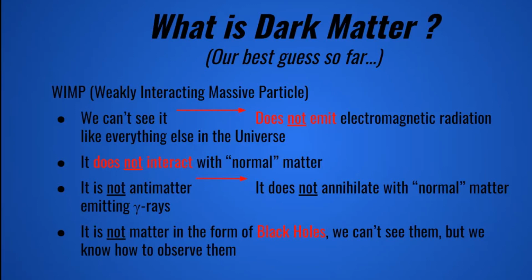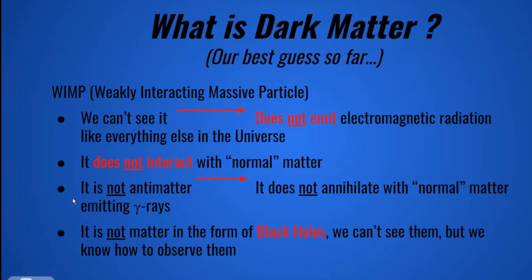The belief at the moment is that it's a particle or a group of particles called WIMPs, weakly interacting massive particles. So they interact only via the weak force. And that's why it's dark, because it doesn't interact via the electromagnetic force. So we can't see it because, as I said, no electromagnetic radiation. It does not interact in any way with the matter we know.